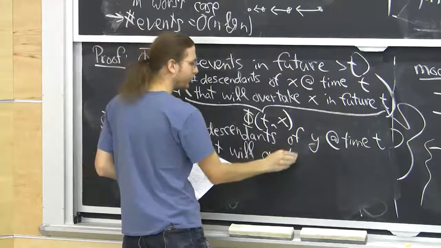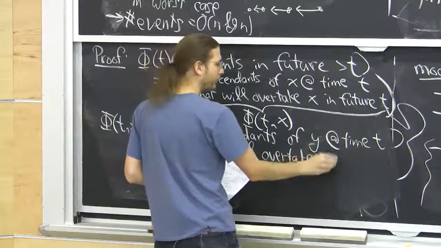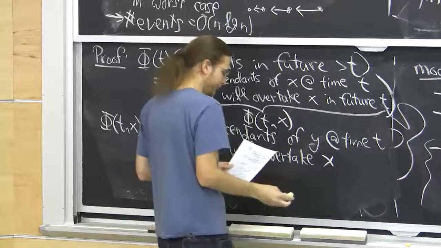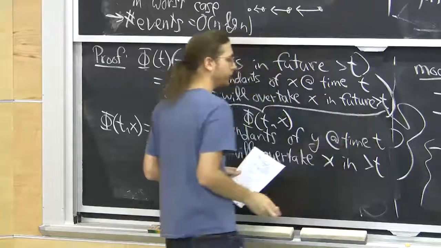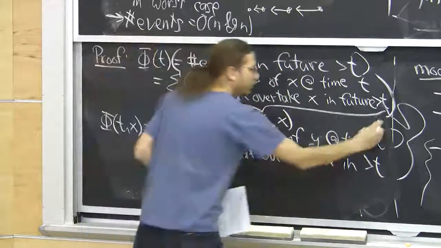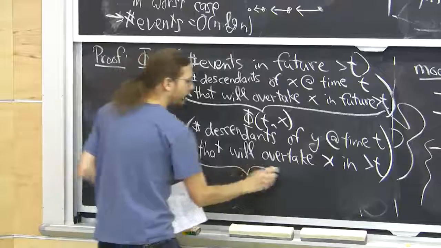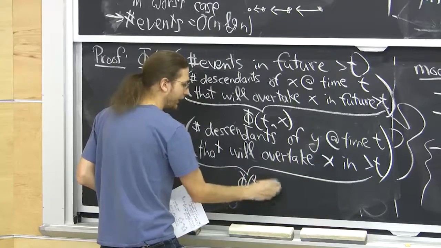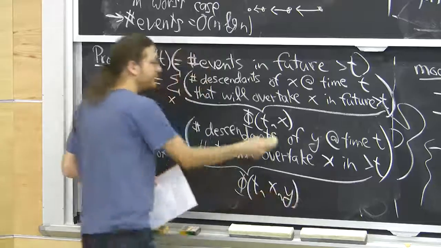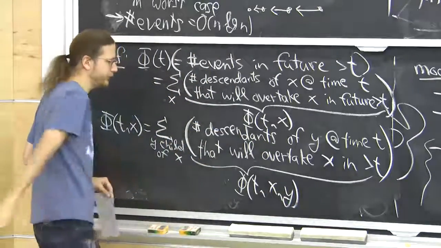So it's almost the same words, but I changed one of the x's to a y, but only one of them. So in future I write greater than t. This is a slightly different quantity, which I'm going to call phi of t comma x comma y. I just need to be able to talk about this, so this is mostly to introduce notation.